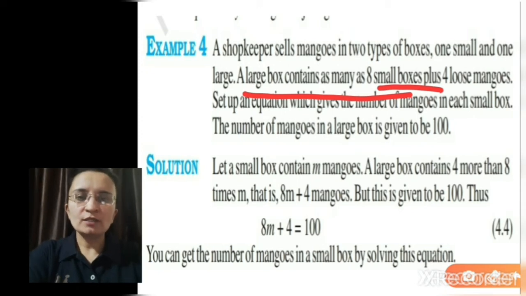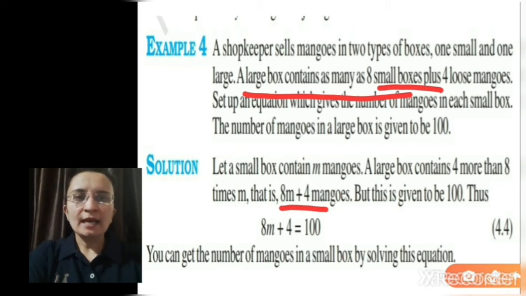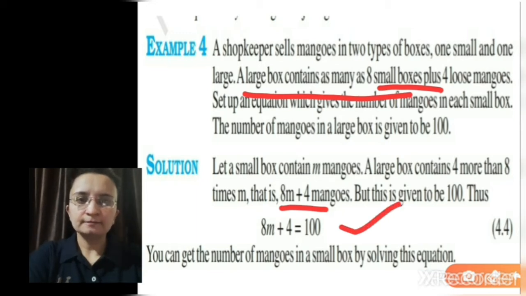So what will be the expression? 8m plus 4. But it is given that the number of mangoes in a large box is 100. So the equation will be 8m plus 4 equals 100. In this way, you can set up an equation for the given situation.